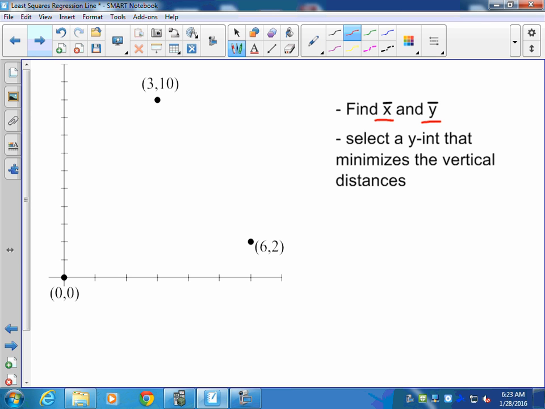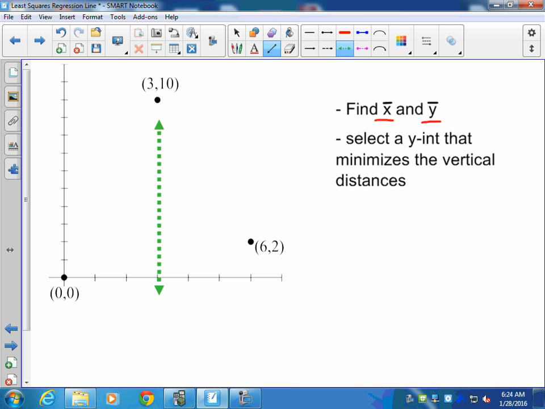Our x values are 0, 3, and 6. We add that up to get 9, divide by 3, so we know x bar is at 3. We can put a line in there.